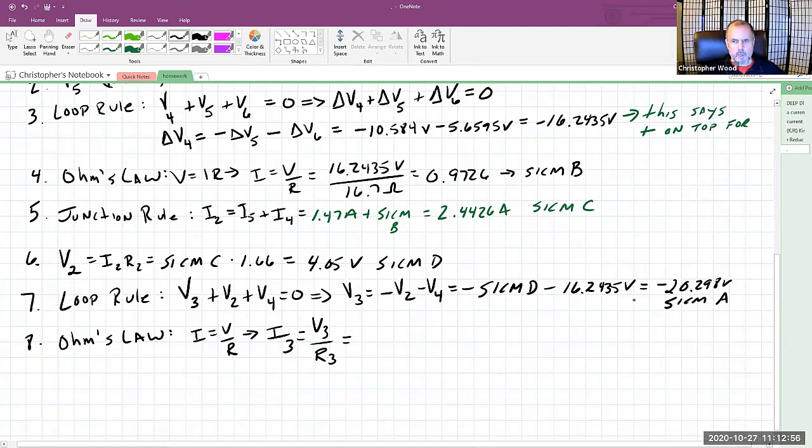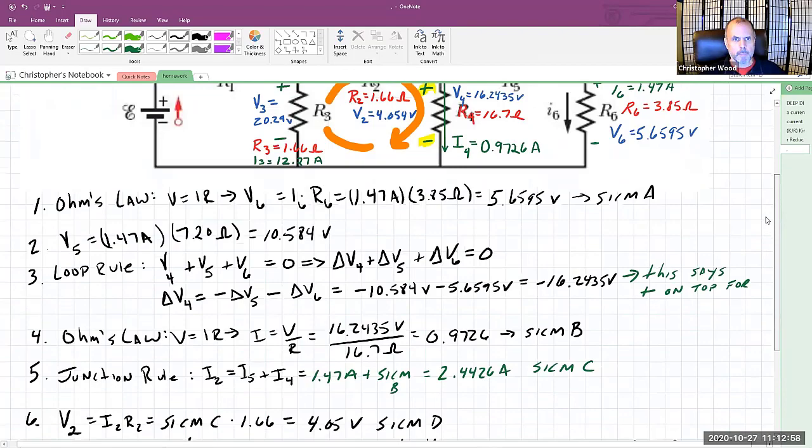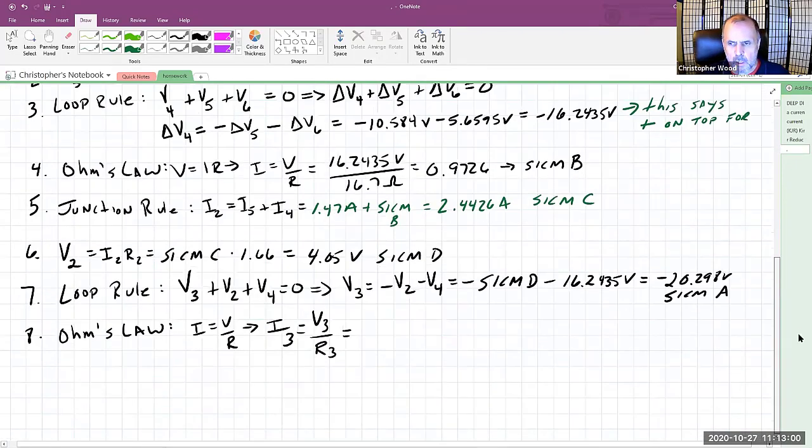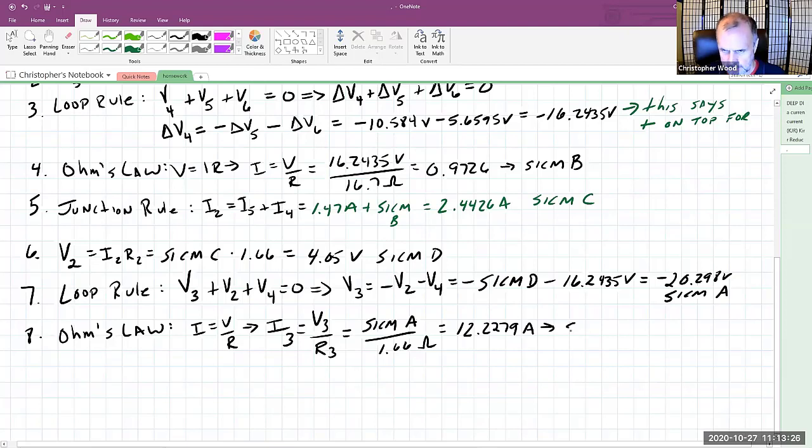The voltage drop across R3 was that 20.29 number, which is stored in calculator memory A, divided by R3, which is 1.66 ohms, equals 12.2279 amperes. And then I guess I'm just going to store this in A again.